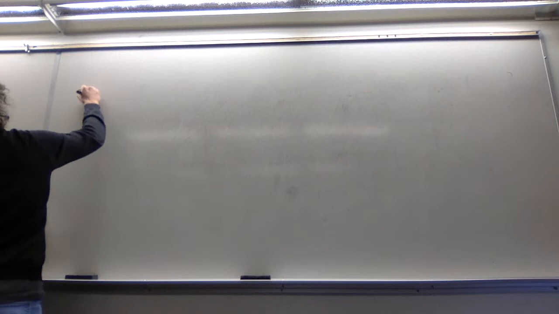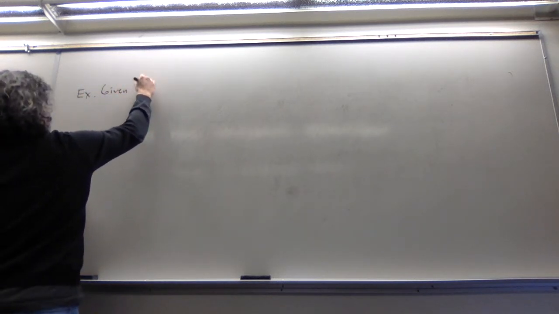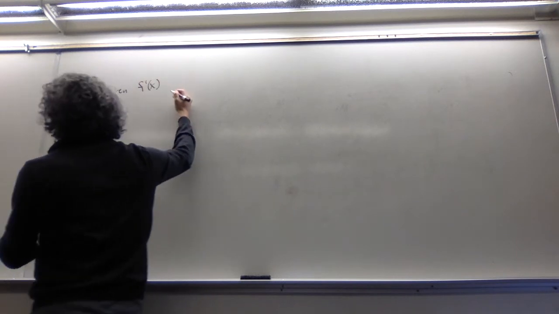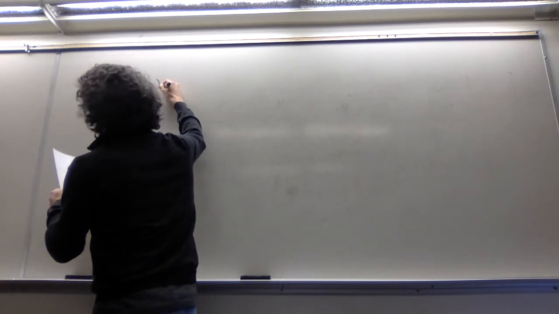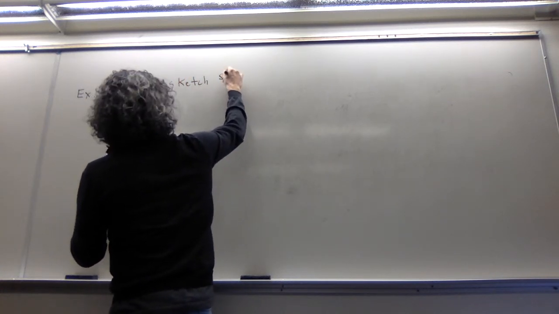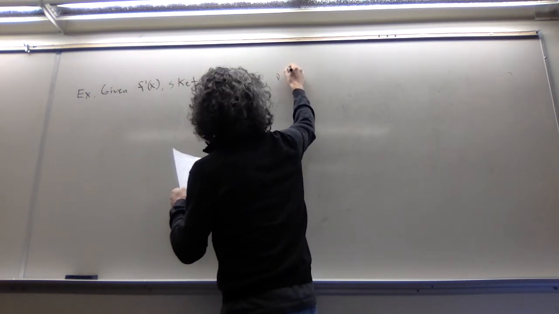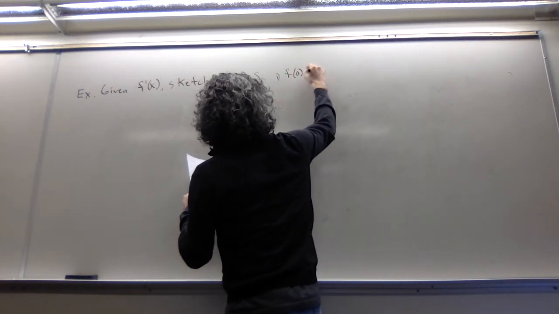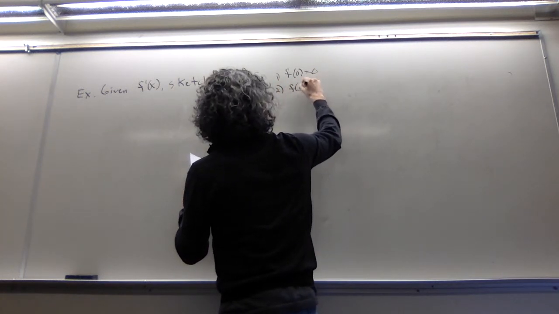So here's an example using notation from last quarter or differential calculus, wherever you took it. Given f prime of x, let's sketch little f of x if f of 0 is 0. That'll be one question. Second one is f of 0 equals 2.